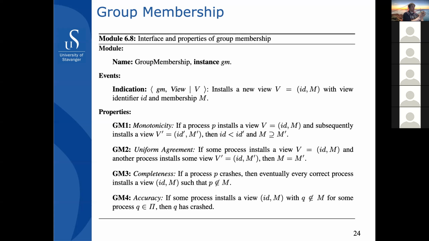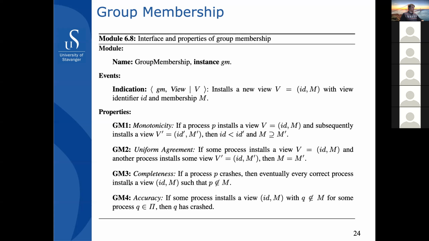It's kind of similar to the rounds that you had. It was always increasing.